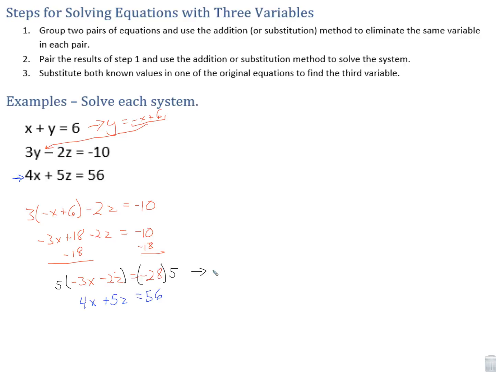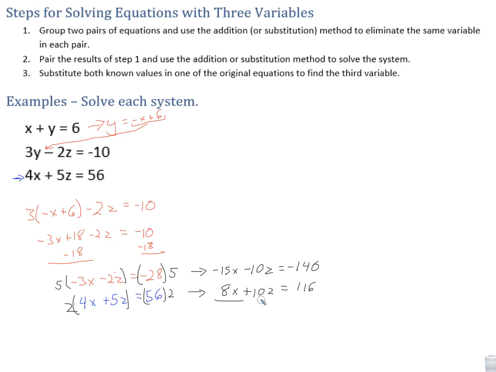Which gives negative 15x minus 10z equals 28 times 5 is 140, so negative 140. And then that gave me a negative 10z, so I want to multiply the bottom by 2. And that gives 8x plus 10z equals 112. Sorry, that's 112, not 116. 56 times 2 is 112.